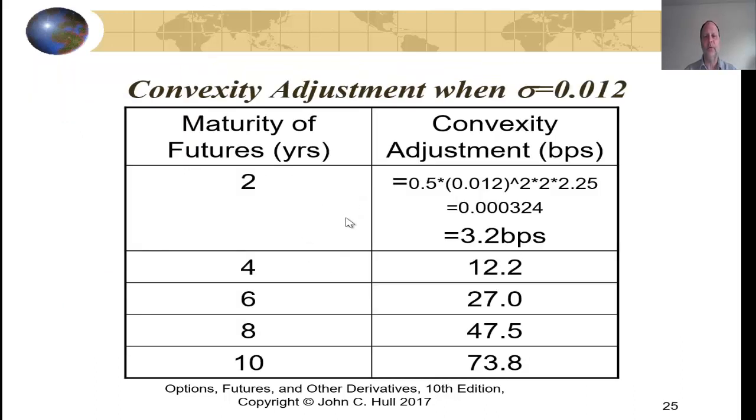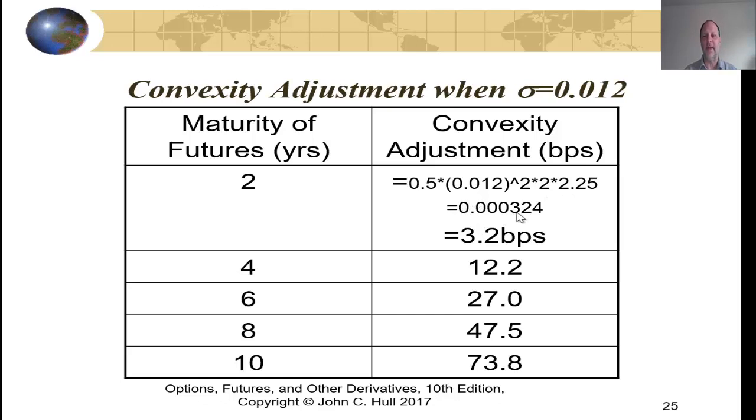Here are examples of convexity adjustments. So let's say that the standard deviation is 0.012, and we are looking at a maturity of 2 years. Then our convexity adjustment is going to be 0.5 times 0.012 squared times the beginning T1, 2 years, times the ending time period, which will be 2.25.